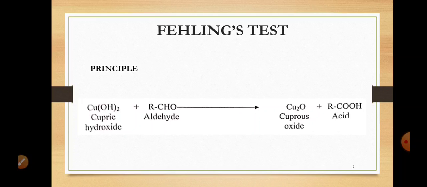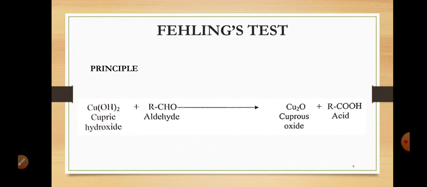So coming to the principle involved in Fehling's test, carbohydrates having a free aldehyde or ketone group possess reducing property, just like the simple aldehydes or ketones.